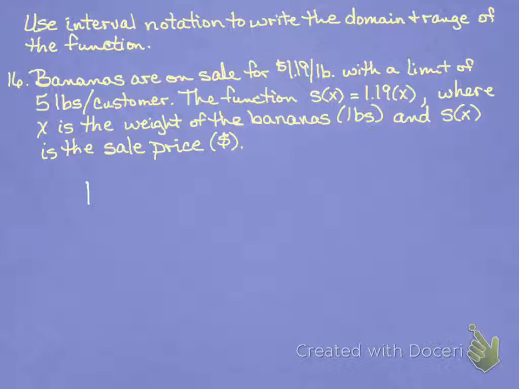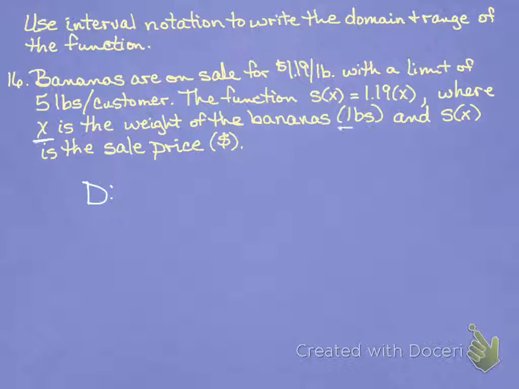The function S of X is equal to $1.19 times X, where X is the weight of the bananas in pounds and S of X is the sale price in dollars.